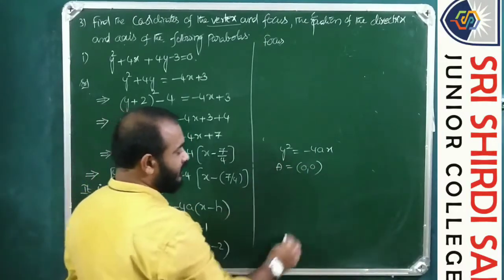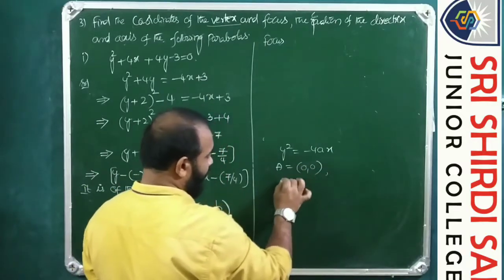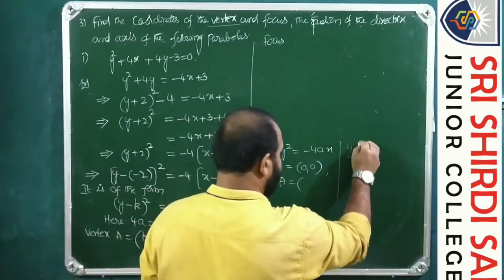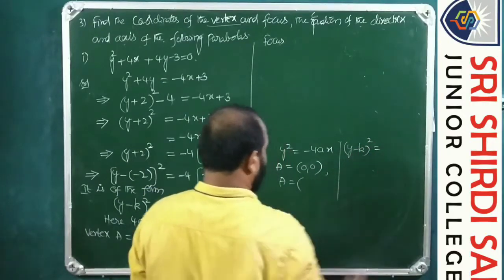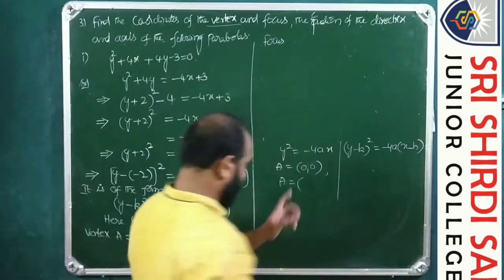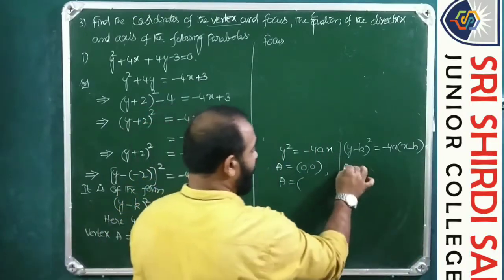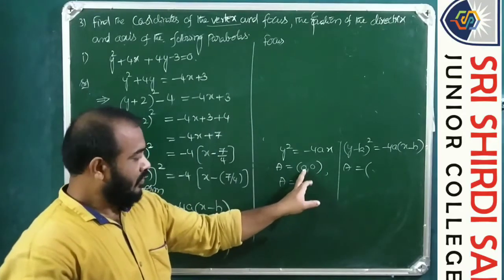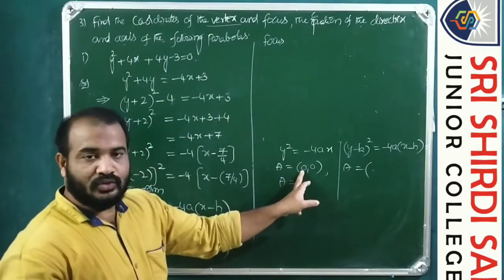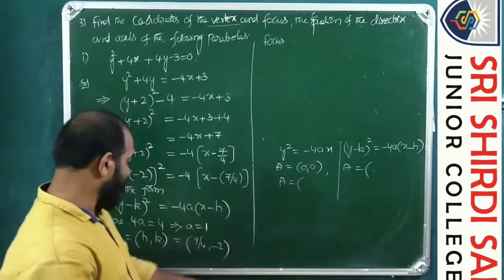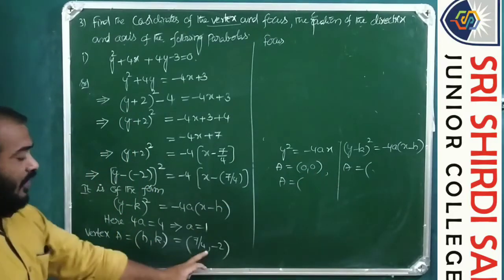But for this form, the x coordinate has h added and the y coordinate has k added. So h comma k, that is what we have written here.